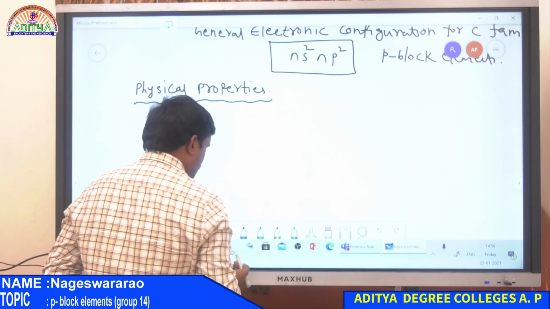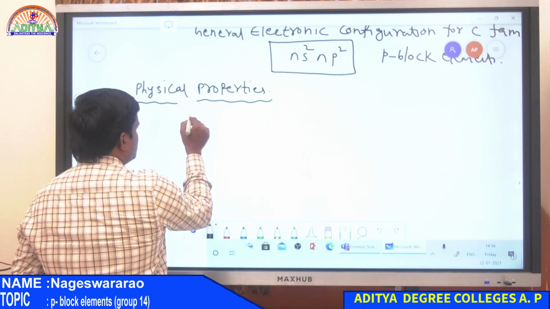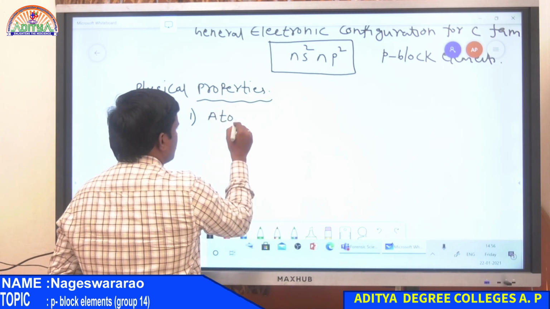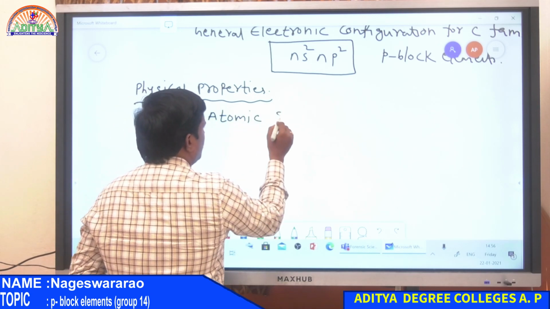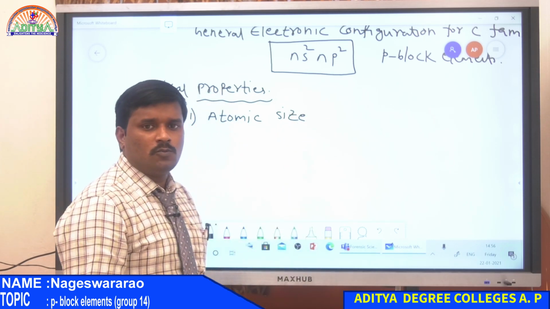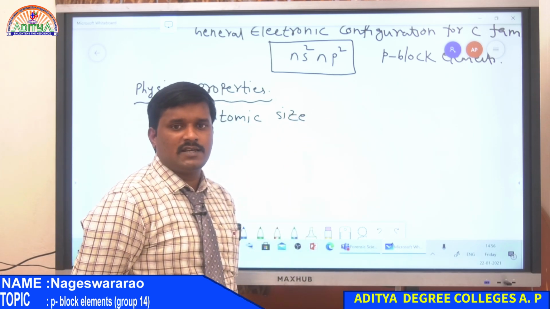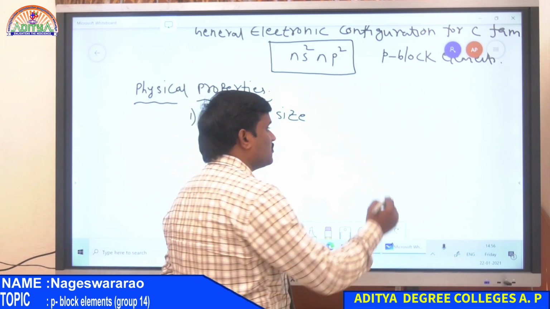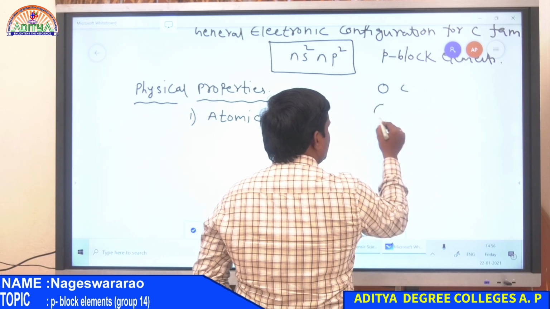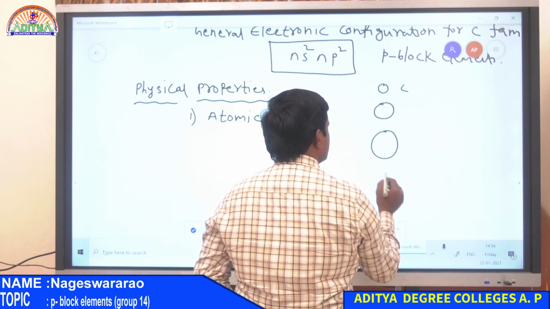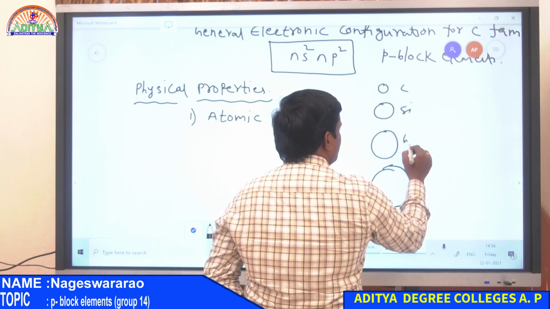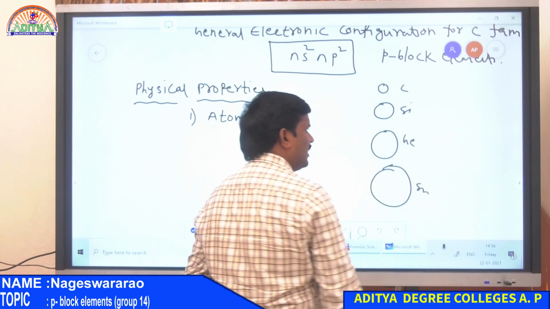Physical properties. The first physical property is atomic size. From top to bottom in a group, atomic size increases. Carbon has a small size, and silicon is larger. So carbon, silicon, germanium, tin, and then lead.